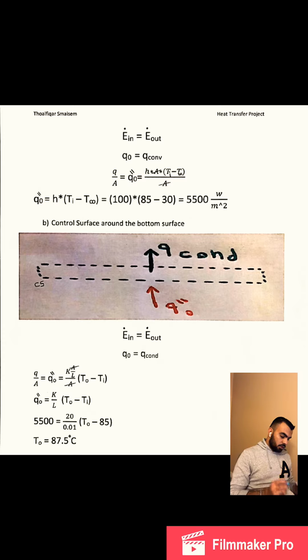So Q in is equal to Q conduction. Again, we're going to have to divide by the area in order to get to the heat flux that we already solved for. So we're going to divide both sides by A. We're going to be left with the heat flux is equal to K over L. L stands for the thickness, not the length.